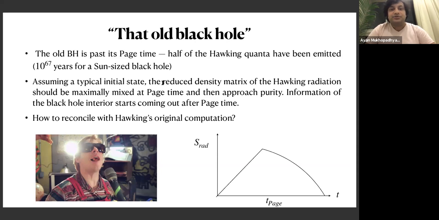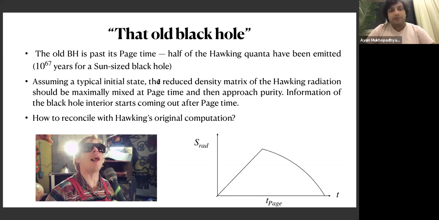This is essentially due to Page's theorem. Page's theorem tells us that if we take a typical state, and we partition the state into two halves, not necessarily two halves.